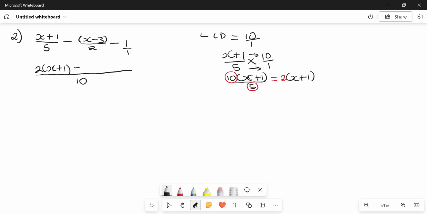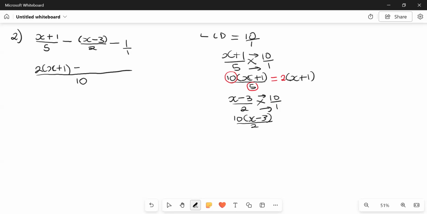Now we need to move to the next part of our fraction, which is x minus 3 over 2. We need to multiply again, right? So x minus 3 divided by 2 multiplied by 10 over 1. Again, numerator with numerator, denominator with denominator, and we end up getting 10 times x minus 3 divided by 2 times 1, that's just 2.